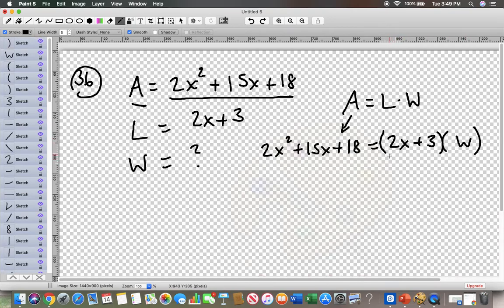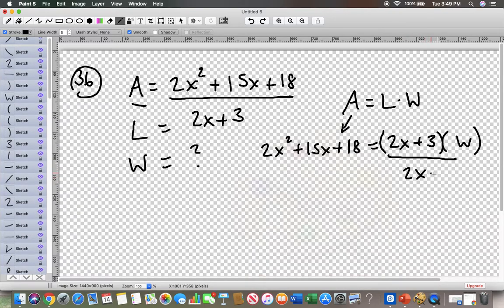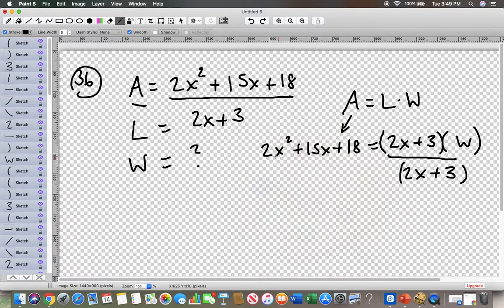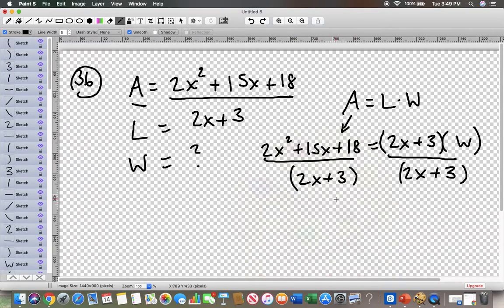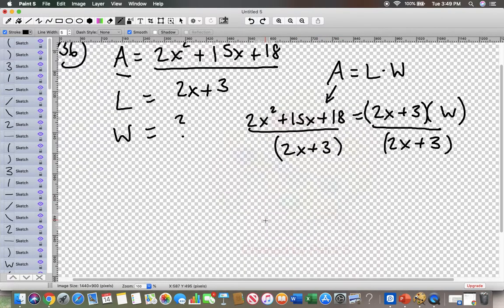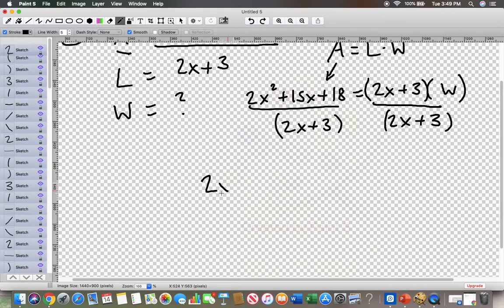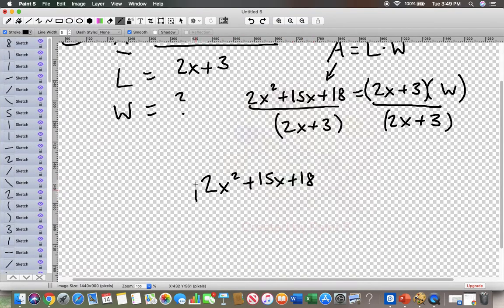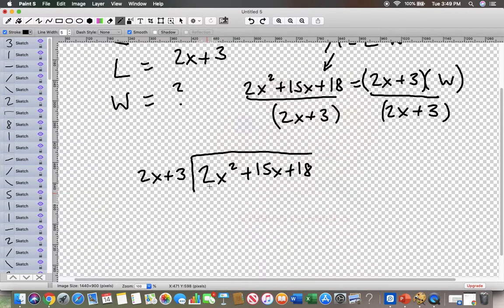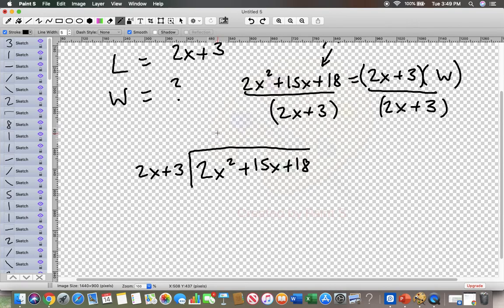How can I solve for W? Well, get W by itself, so divide both sides by this whole polynomial of 2x plus 3. Okay, here we go. 2x squared plus 15x plus 18. I have to do long division here, divided by 2x plus 3. 2x squared divided by 2x, that's just going to be x. x times 2x is 2x squared, plus 3x.